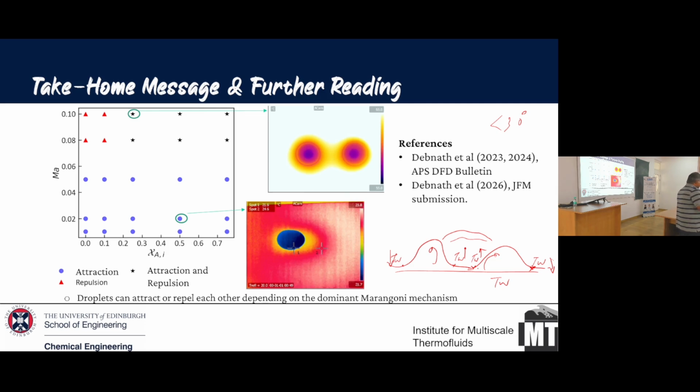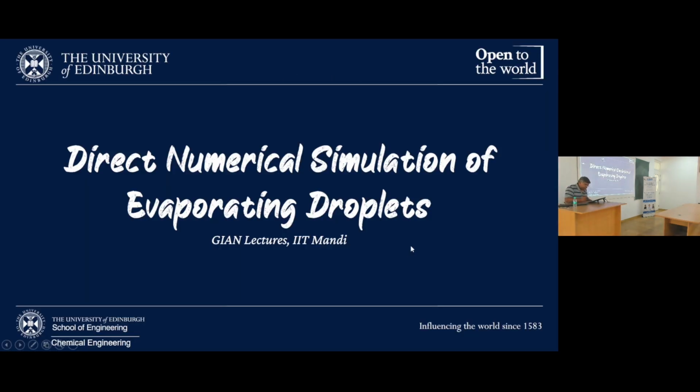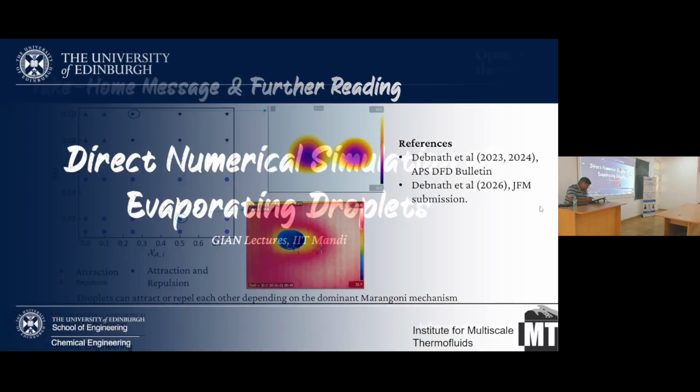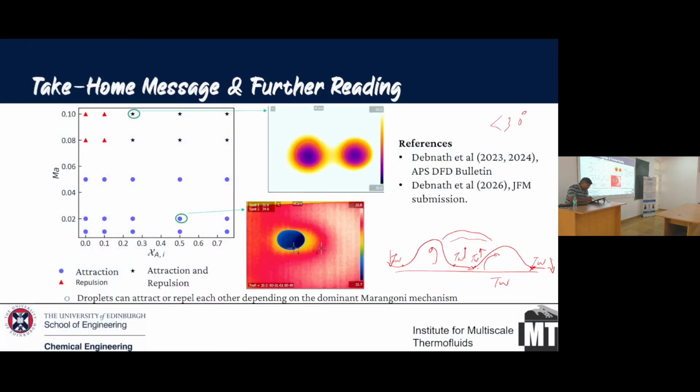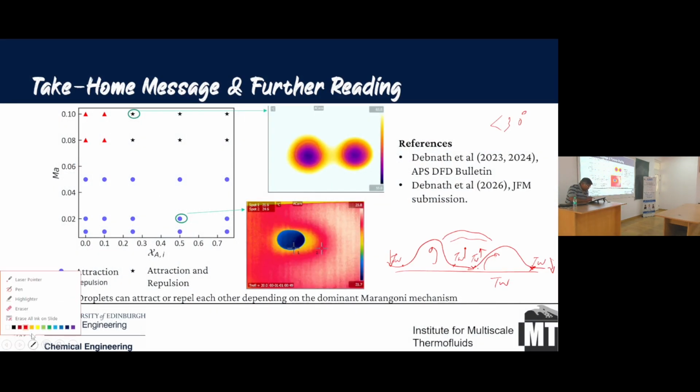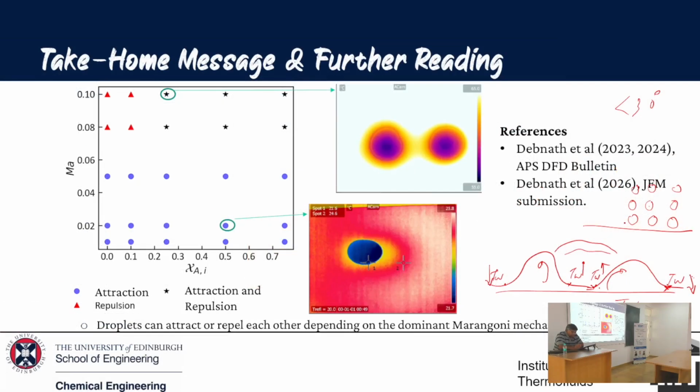In fact, you will see tomorrow that if you have an array of droplets, let me go back again, say 1, 2, 3, 4, 5, 6, 7, 8, 9, this droplet at the center is surrounded by others.